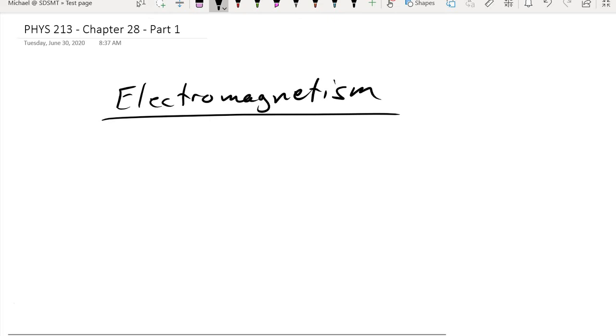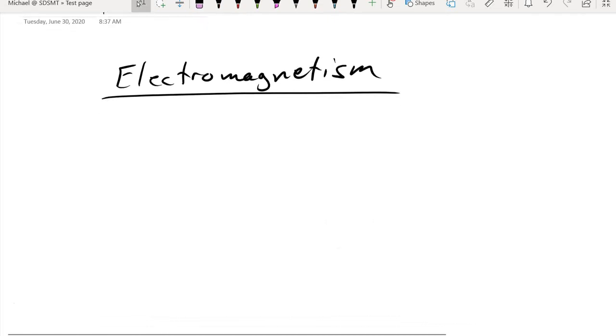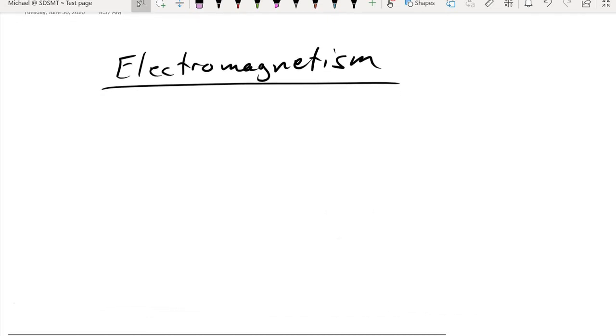Basically, from what point of view are you looking at this system, that determines what kind of effects you're going to see. So in certain systems, you will see electric effects. In certain systems, you'll see magnetic effects. In some systems, you may see both. And so now we need to talk about what these magnetic effects are going to be.